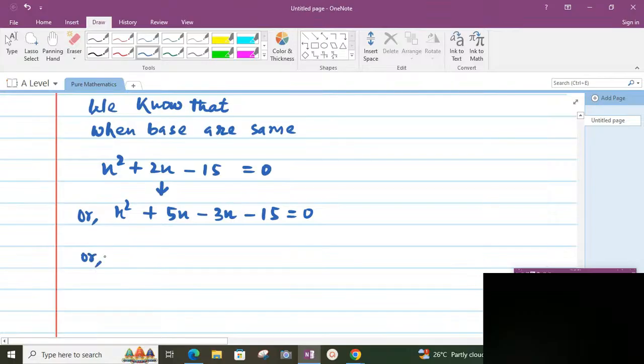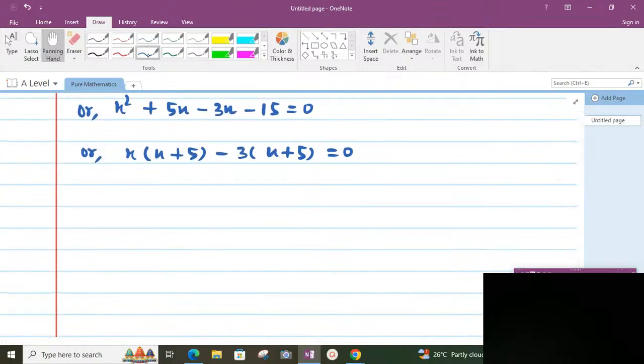So here the next step will be we take x as the common, then we get here x plus 5, and here we take 3 as the common, then we get here x plus 5. Hope there is no problem to understand up to this step. So let's see here x plus 5 we take as the common, then we get here x minus 3 equal to 0.